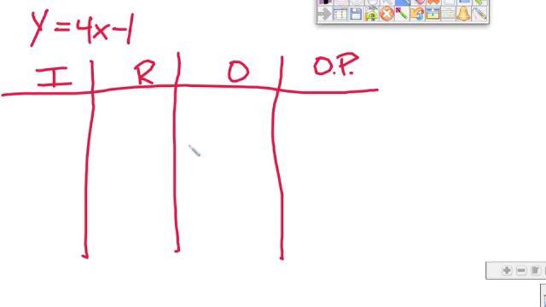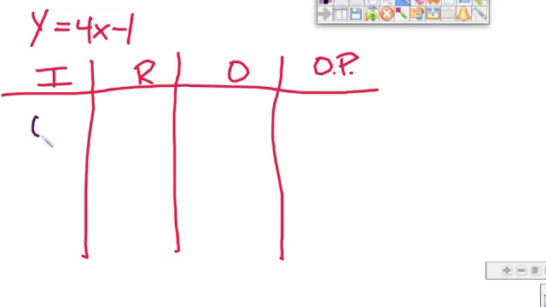Alrighty, here we go. So I will use 0, 1, -1 as my input. This time they didn't give me inputs to use, so I get to pick my own. When that happens, try to stick to very small numbers. You don't want to have something so huge that you are solving the math problem all day. So keep it simple.